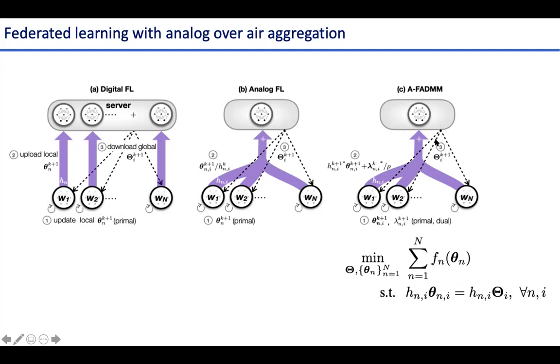And we actually show that we don't need to specify a threshold. In fact, by introducing this channel into the problem, we don't need to perform channel inversion at the transmitter, because we are solving a slightly different problem where the channel is integrated into the problem. And it becomes a co-design of communication system and federated learning.